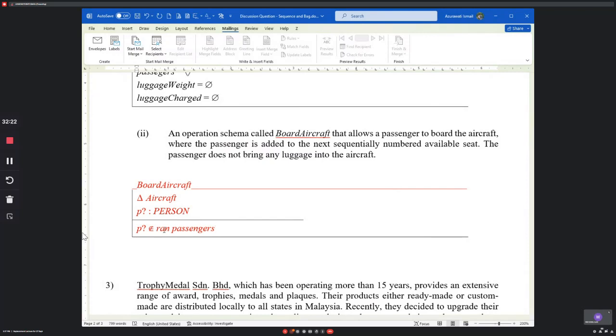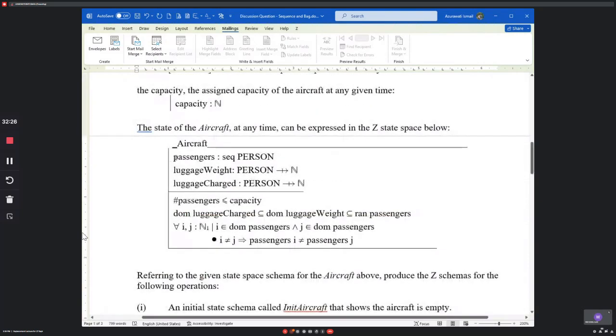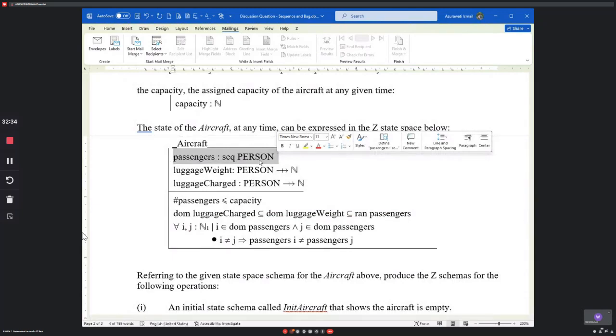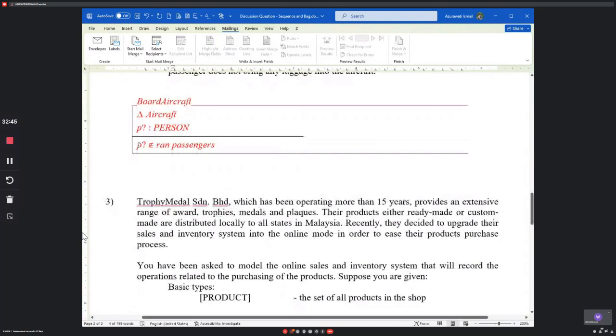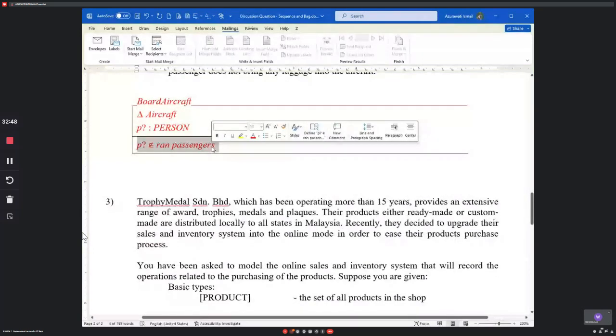Don't put passengers only, because our data now is a sequence. When it comes to a sequence, the domain is a non-zero value and the range is the actual data. So when you do a comparison, or a not comparison, something like checking and so on, you have to check with the range data from a sequence.